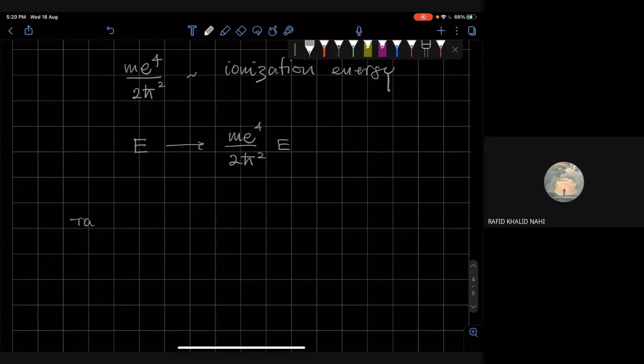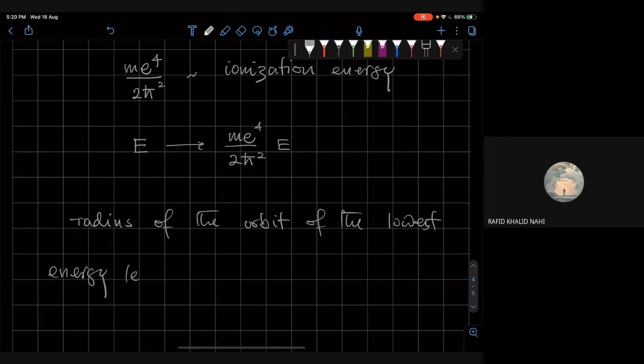the radius of the orbit of the lowest energy level is given by h squared by m e squared.